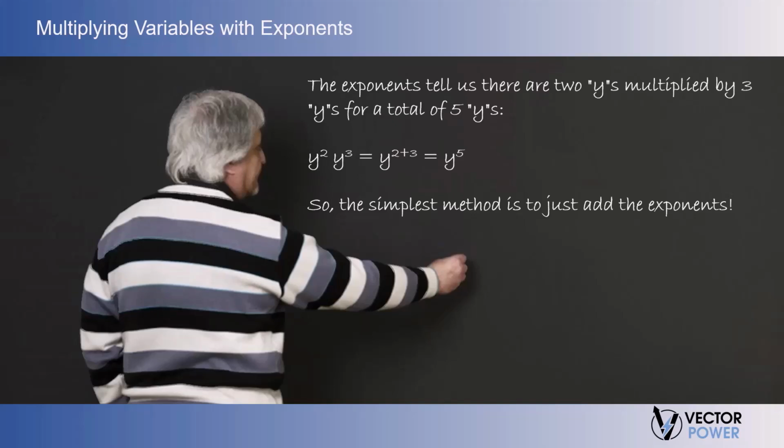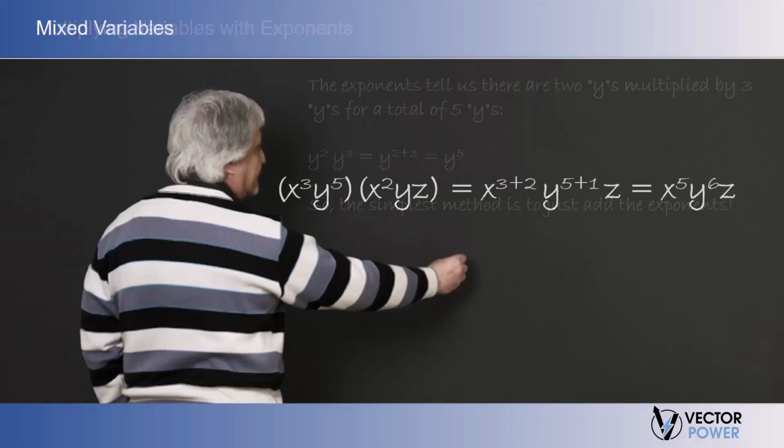Y squared times y cubed equals y with exponent of 2 plus 3, or simply y to the power of 5. So the simplest method is to just add the exponents. When we have a mix of variables, just add up the exponents for each as shown here.